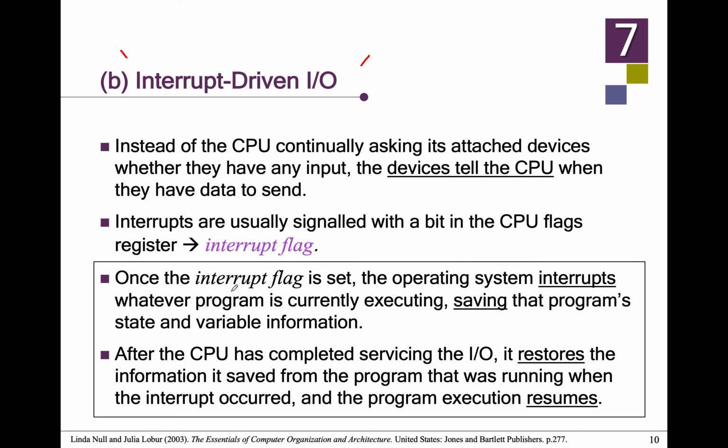Once the interrupt flag is set, when you see your flag is equal to 1, it is called set. The operating system interrupts whatever program is currently executing. So if let's say you are opening Microsoft Word, it's going to save the program state and variables information.